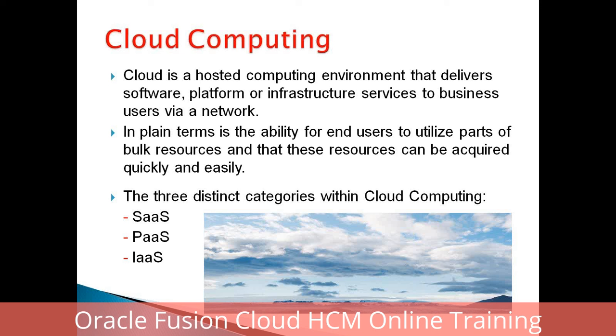So, with cloud computing, mainly we offer the services through three different offerings, that is software, platform, and infrastructure, to the business users through a network. That's why we see three distinct categories with respect to cloud computing: SaaS, software as a service; PaaS, platform as a service; and IaaS, infrastructure as a service.